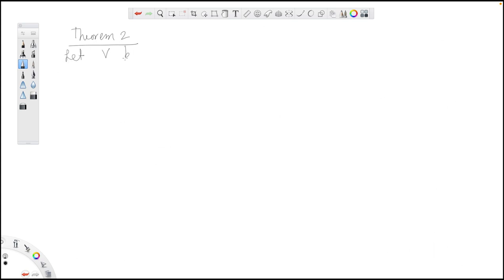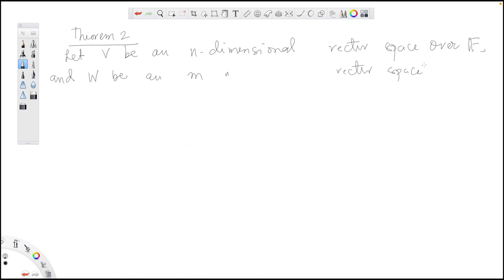Let V be an n-dimensional vector space over F and W be an m-dimensional vector space over the same field F. Let B and B prime be ordered bases of V and W respectively.